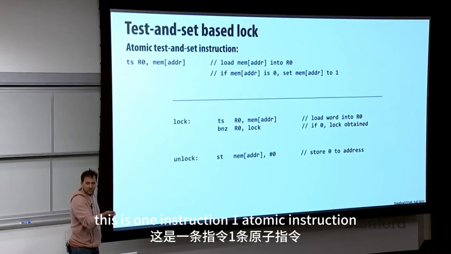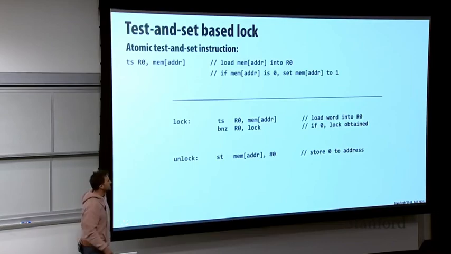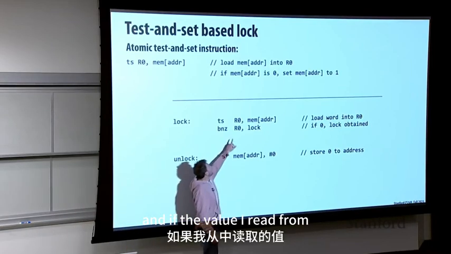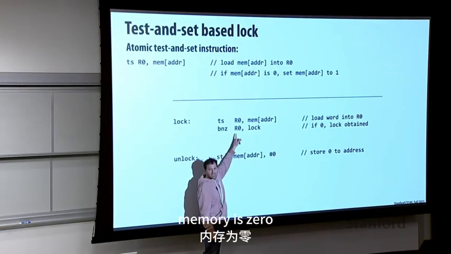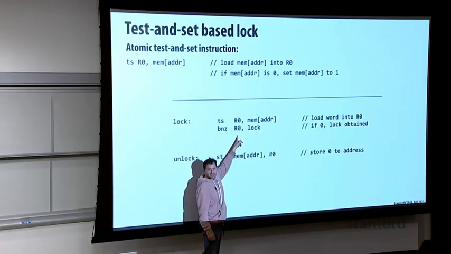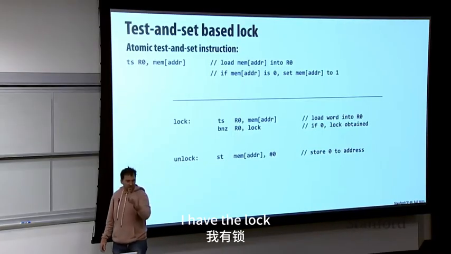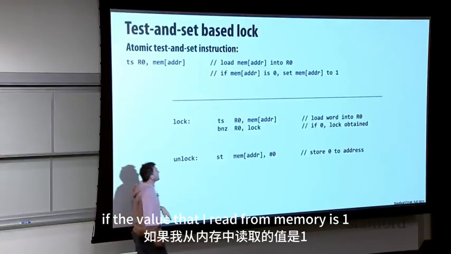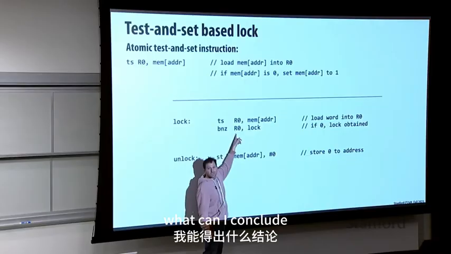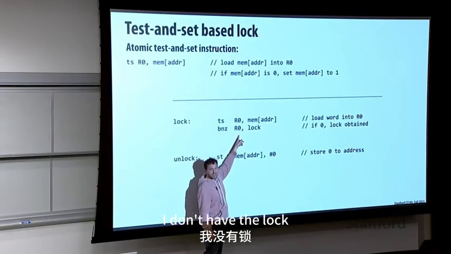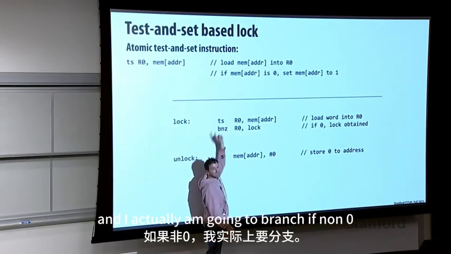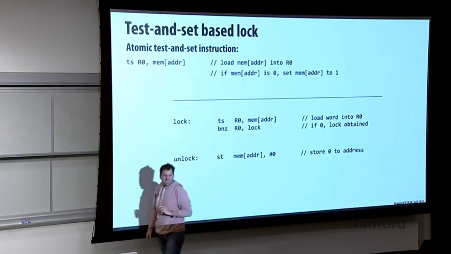This is one atomic instruction. And if the value I read from memory is 0, what can I conclude? I have the lock. If the value that I read from memory is 1, what can I conclude? I don't have the lock, and I'm going to branch, if non-zero, back up and try again.